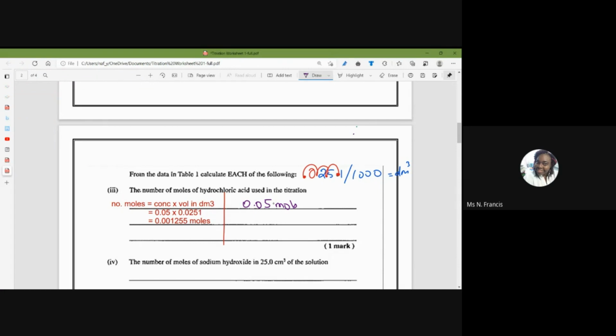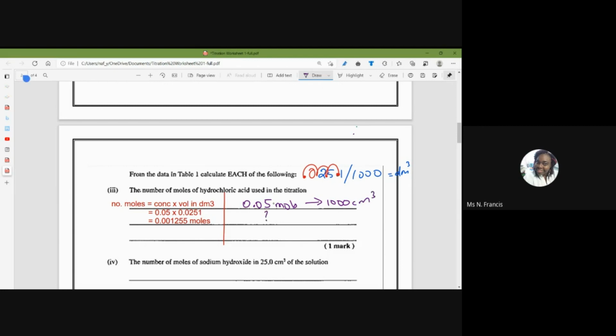So I know that 0.05 moles were dissolved in 1 dm cube. I also know that 1 dm cube is 1000 cm cube. So I can make my units the same by saying that 0.05 moles are in 1000 cm cube.